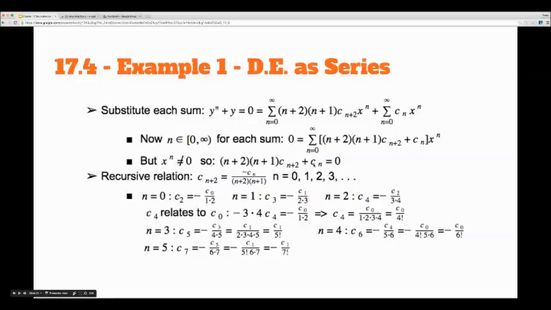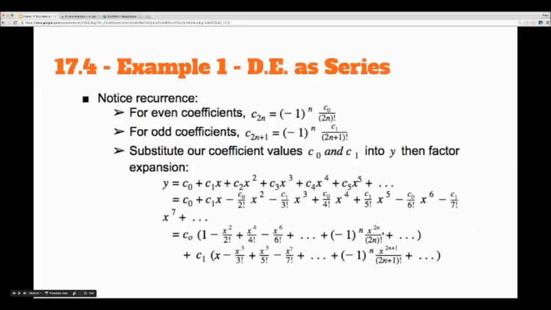And with that coefficient equaling 0, we have a recursive relation, and we can simplify this recursive relation by plugging in consecutive values for n until we are satisfied by a pattern, and we realize that this pattern goes like this.